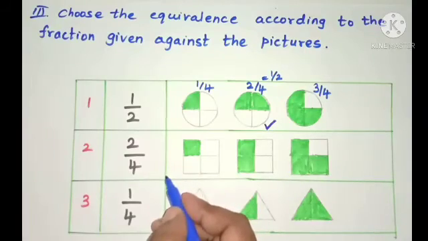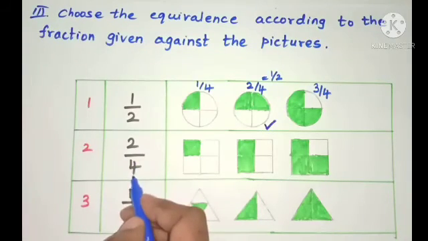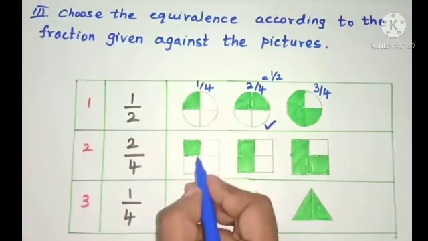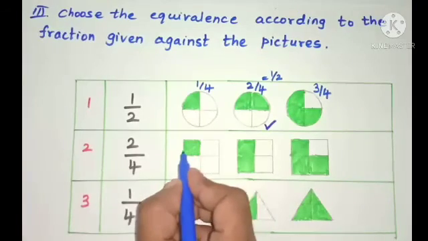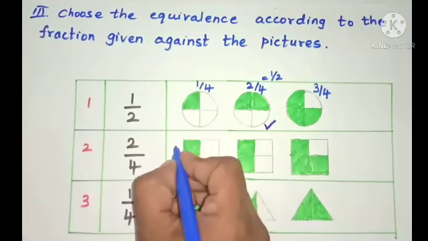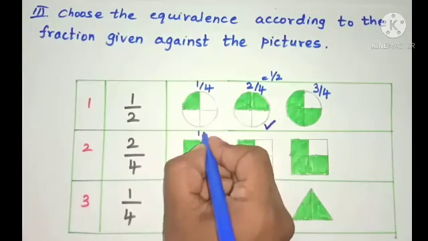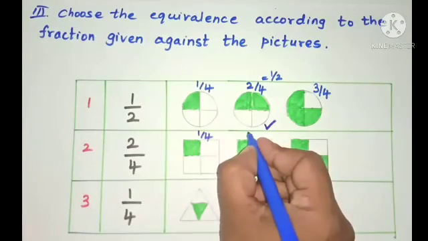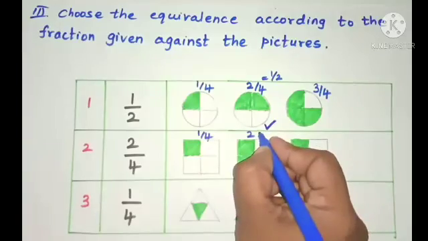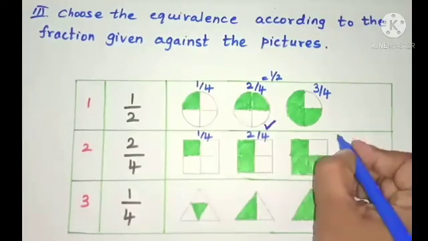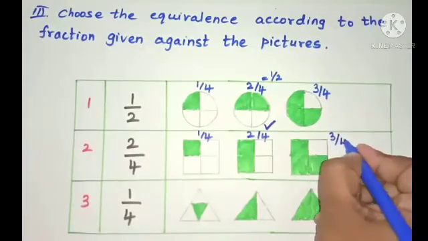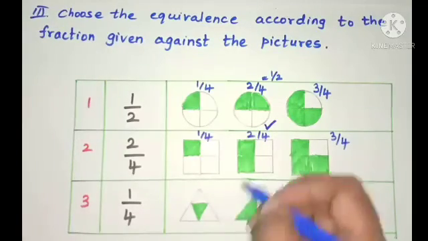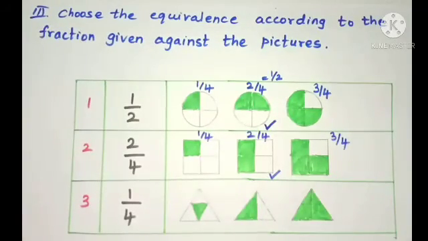And in the second one, 2/4. Children, we know that the shaded portion of the first square is 1/4. And the second one is 2 parts shaded over 4. 3/4. Therefore, the second square is the required square.